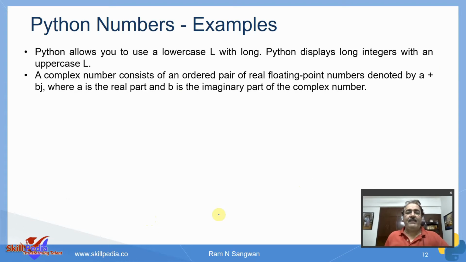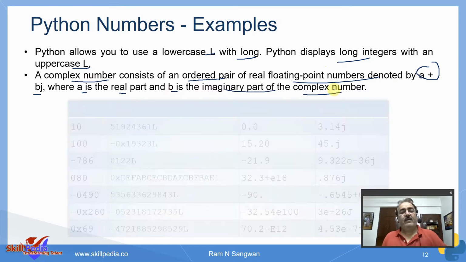Now these are examples of Python numbers. Python allows you to use a lowercase l with long, but Python displays long integers with an uppercase L. A complex number consists of an ordered pair of real floating point numbers denoted by a + bj, where a is the real part and b is the imaginary part of the complex number.